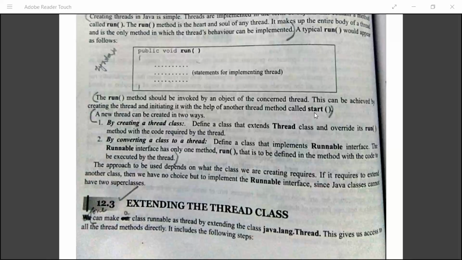To create an object, first you should have a class. Here, a class defines a thread. So along with run, the one more method you need is the start method.